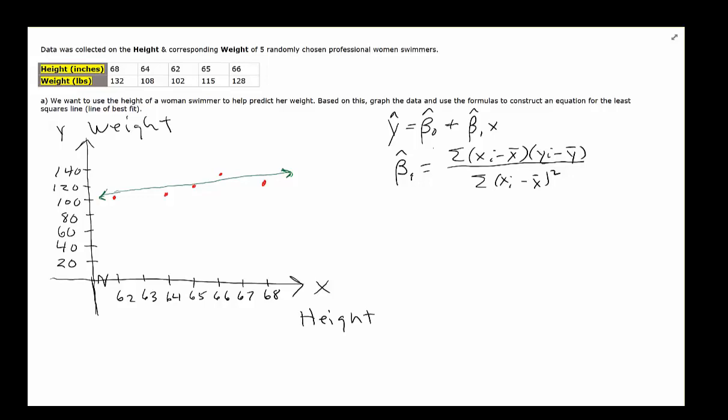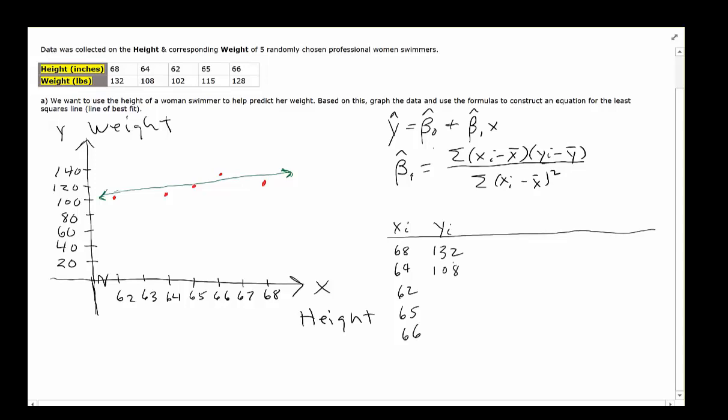Probably the best way to navigate through all this is to set up a table. Anytime you have a summation, you've got to do several repeated calculations. I'm going to put my x sub i, and again, x represents the height variable. So that would be 68, 64, 62, 65, 66. And then my corresponding y coordinates, 132, 108, 102, 115, and 128.